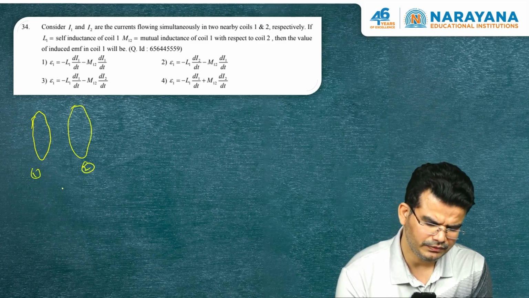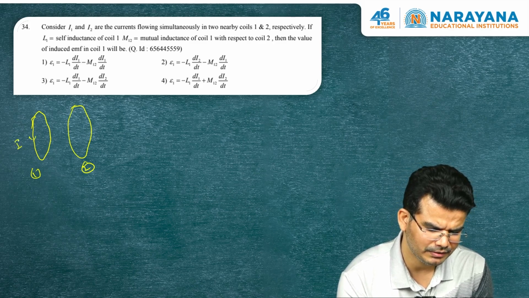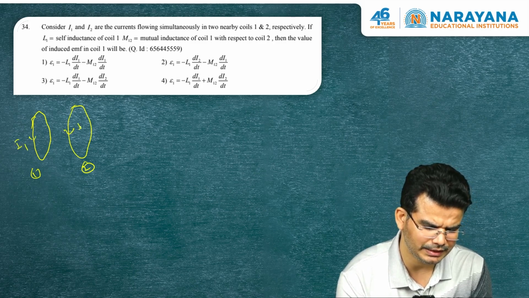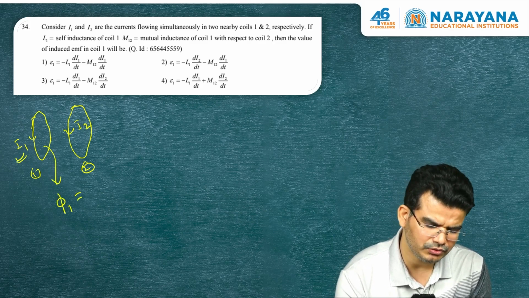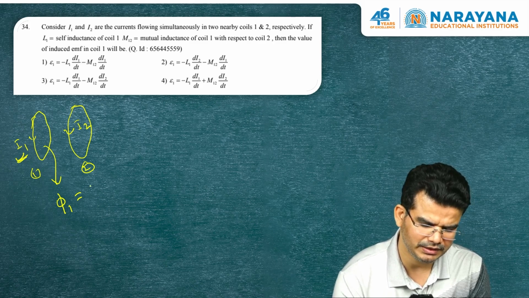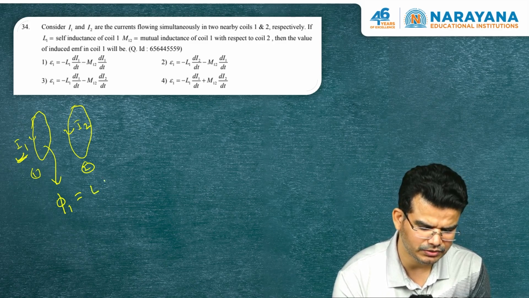Now if in this there is a current I1 and in this there is a current I2, you know that because of I1 there is flux linked with it. So what is the flux linked with the first? The flux due to its own current is given as L into I1, fine, this is one flux.